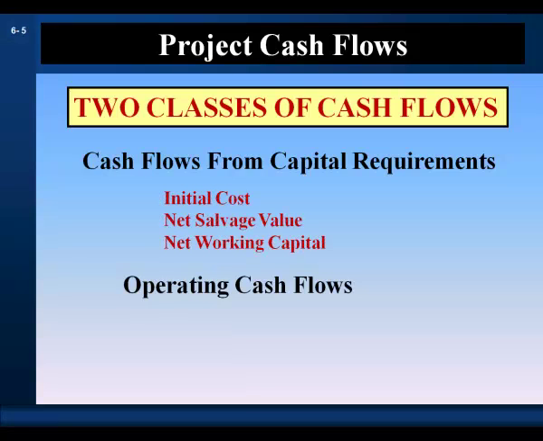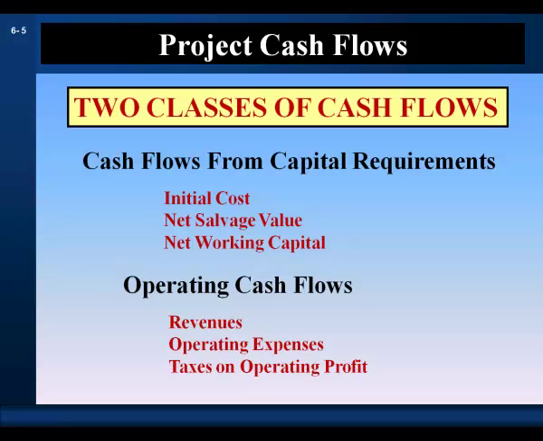Cash flows from capital requirements are cash flows associated with the investment in the project's real assets. They include the initial cost of acquiring the project, the net salvage value from selling off the assets at the end of the project, and net working capital, including the initial investment in net working capital and changes in net working capital over the project's life.